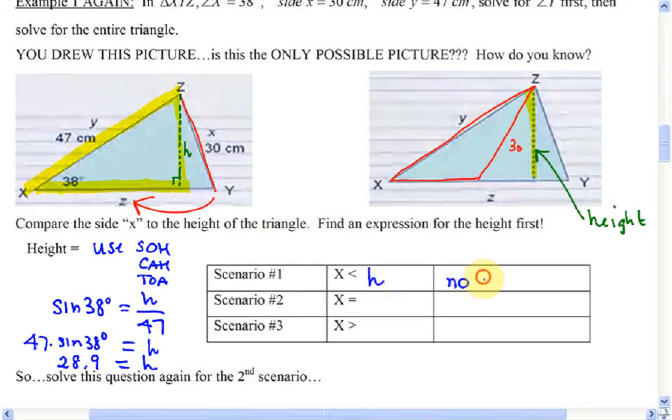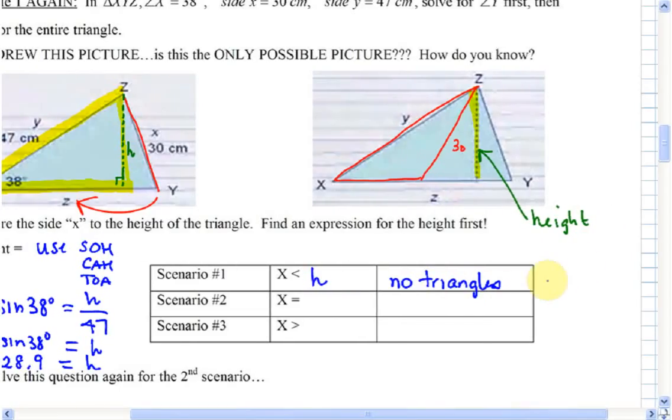No triangles. Because what you will see, and I'll draw a picture, is you get this, this is 38, this is whatever, and then you got this side x, which is really small. They can't connect together, no triangle.